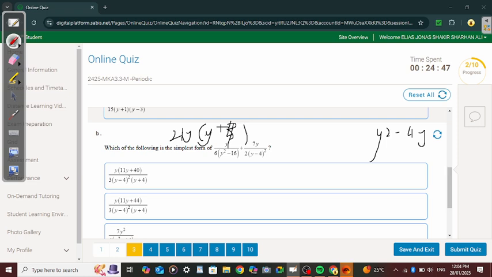My bad, it's plus 4. Excuse me. That's going to be 84y. Felt like something was off. It's y + 4. So we got 21y² + 84y. That's the second numerator.